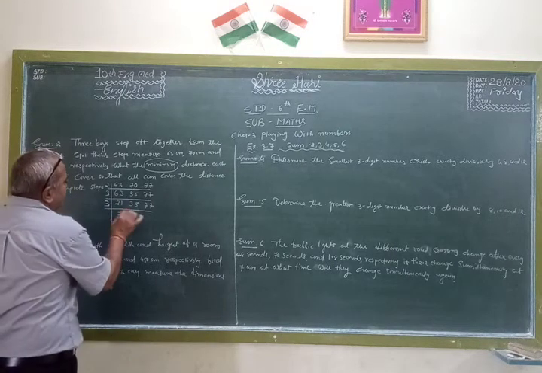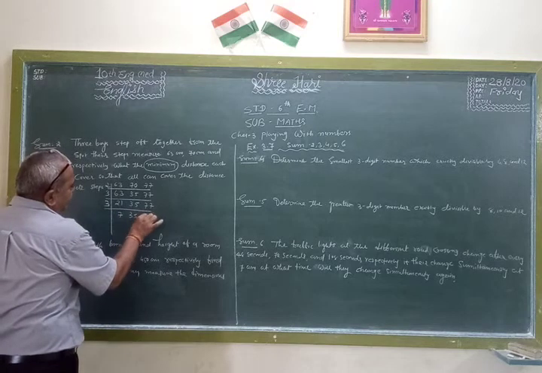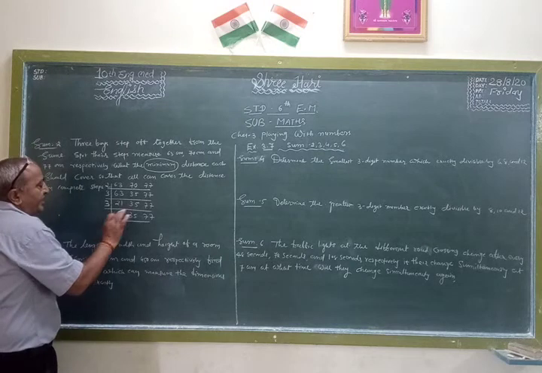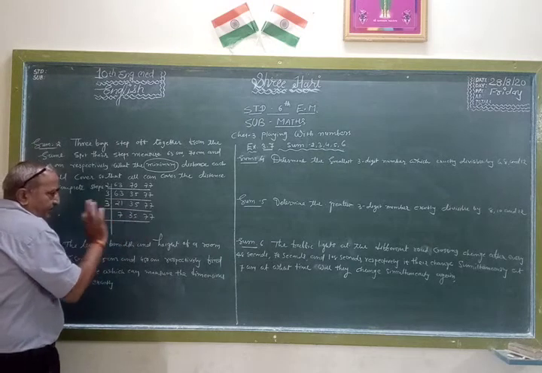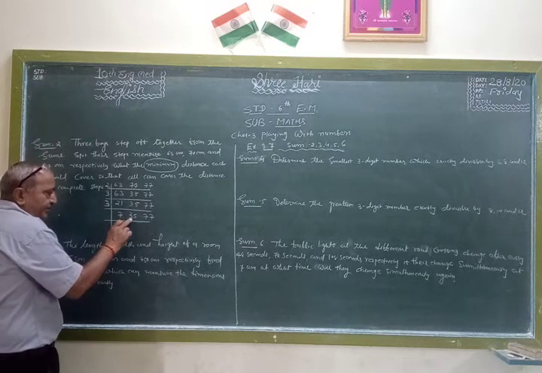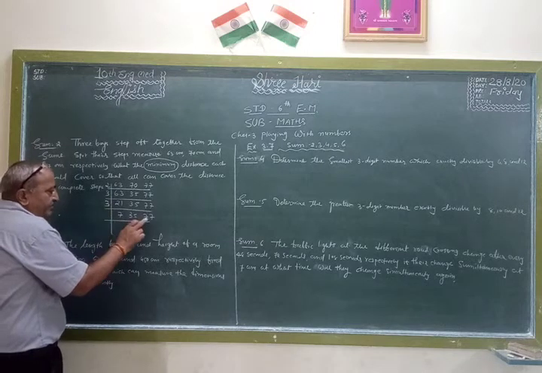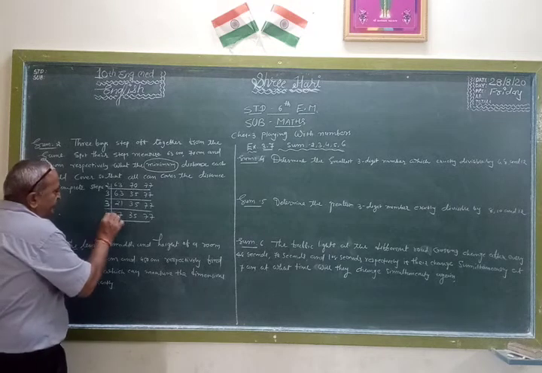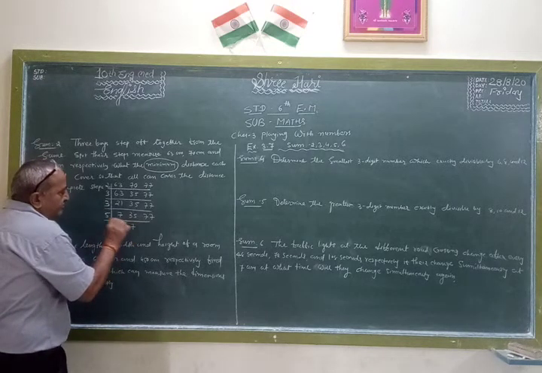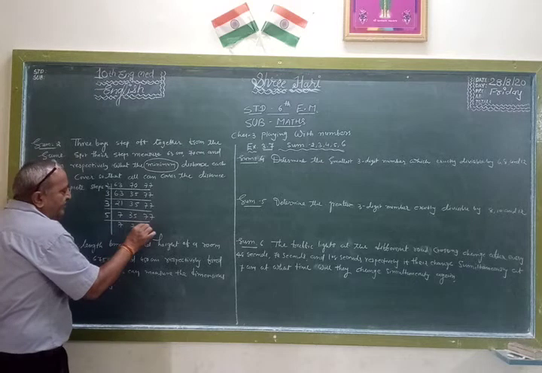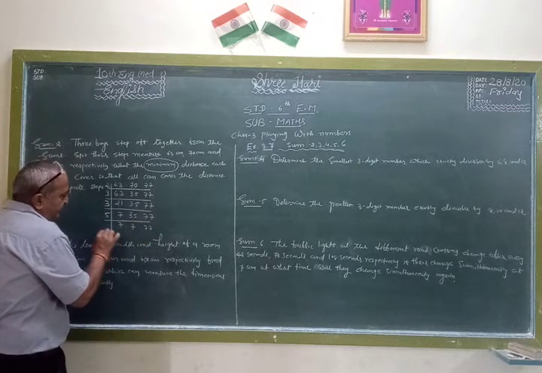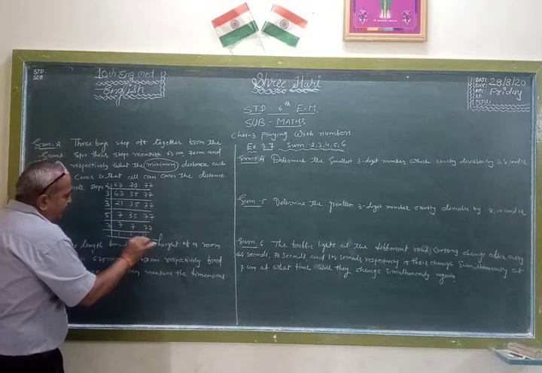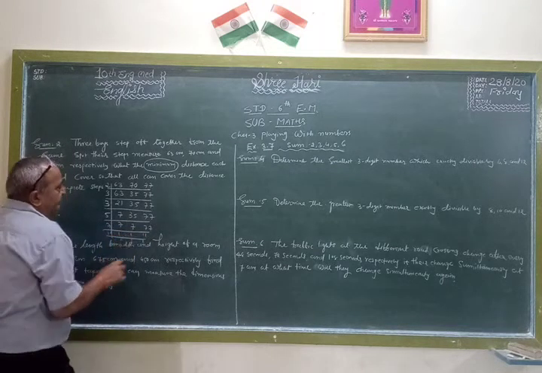Now 35 as it is and 77 as it is. We can't divide by 3 now, because 5 plus 3 is 8, and 7 plus 7 is 14, which can't be divided by 3. So 7: 5, 11, and 7, 1, 1 and 11. Lastly 11, 1, 1 and 1.